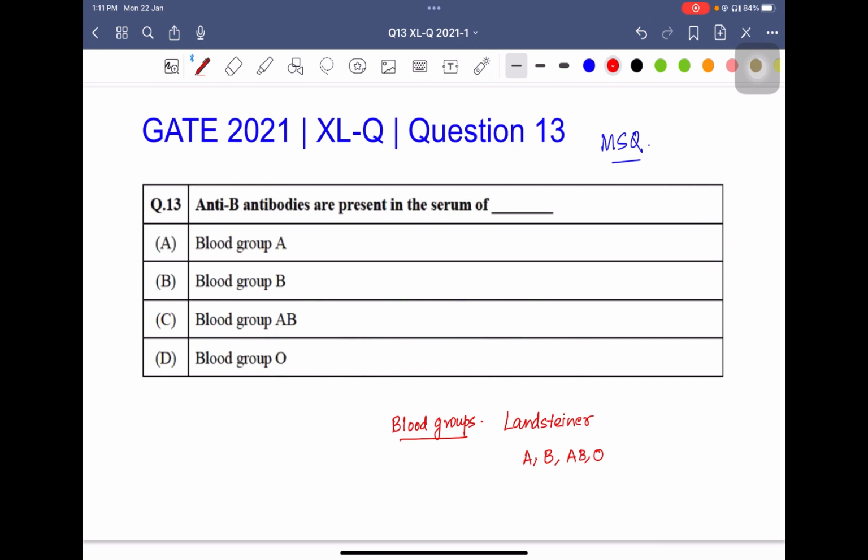There are actually four types of blood groups, and this is called the ABO blood grouping system. Now, this was discovered by Carl Landsteiner, and this is based on the surface antigen on red blood cells or RBCs.